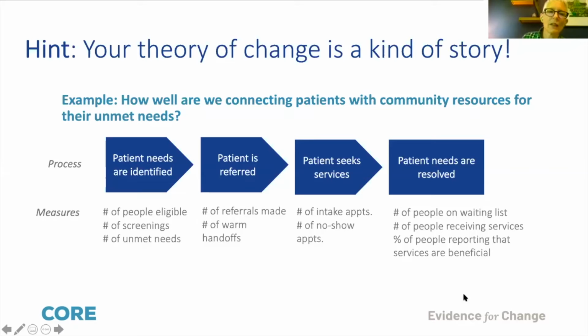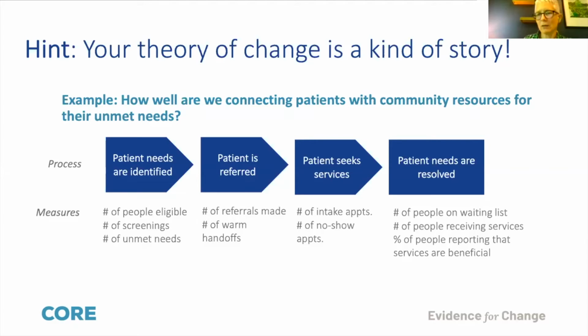So if you want to, identifying patient needs, well, how many people were screened? How many unmet needs were there, et cetera, all the way over to the right side, about how many folks had identified needs met. You might want to ask how many people are still on a waiting list for those, or how many people were referred but weren't, for whatever reason, able to access the services to which they were referred.